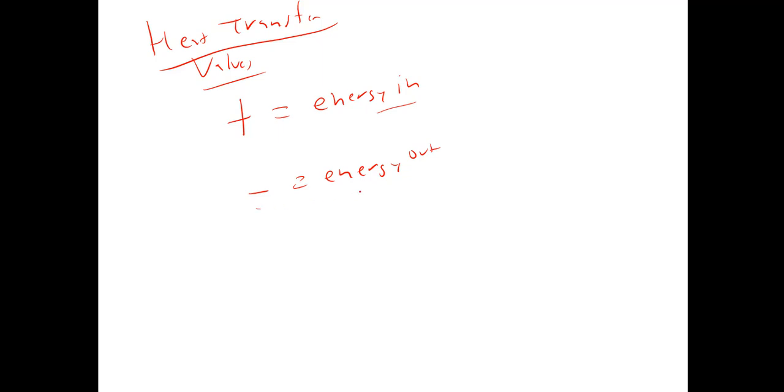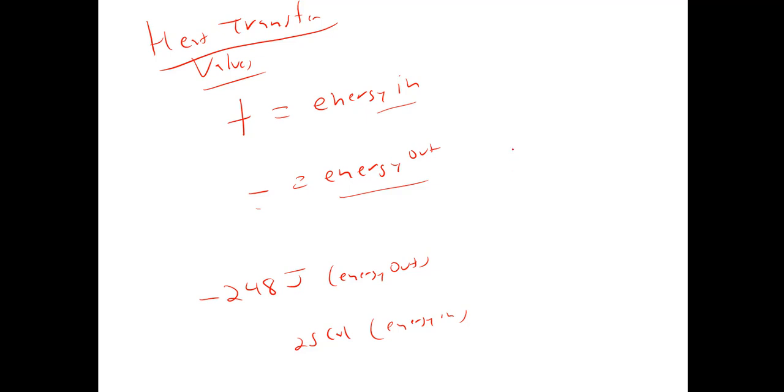If the value is negative, then energy is leaving the substance. Energy is going out. So if I have something like 248 joules, then it's implied that energy is leaving. It's coming out. If I have something like 25 calories, then energy is going into it.